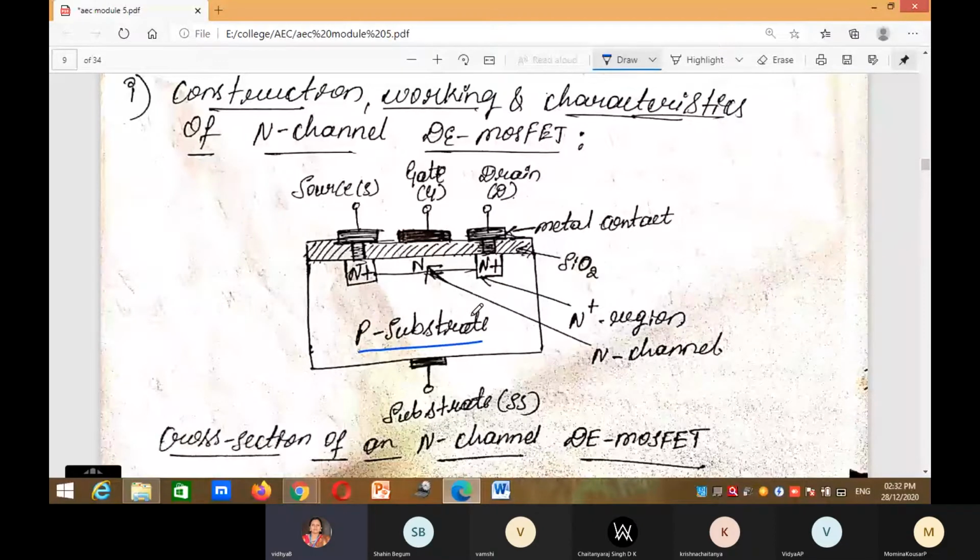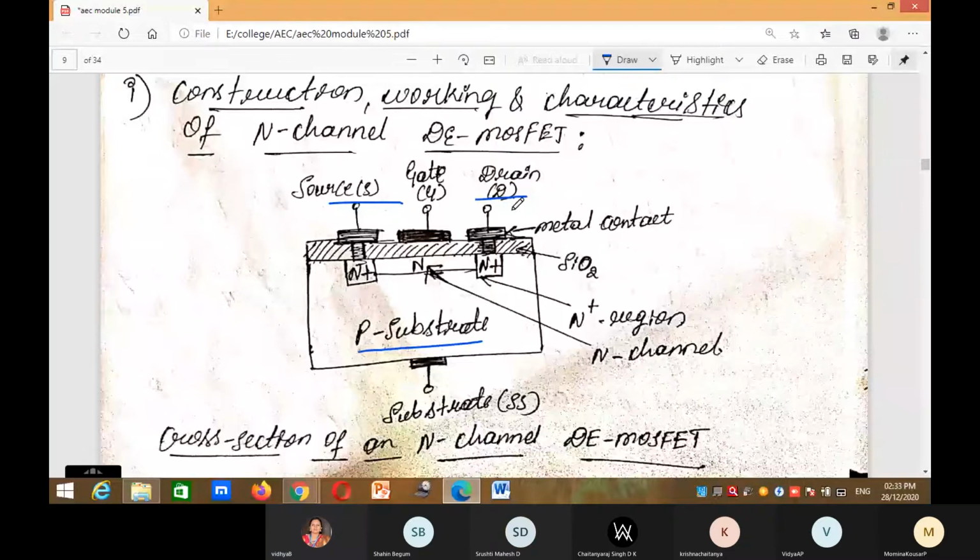These two highly doped N regions represent source and drain. In some cases, the substrate is internally connected to the source terminal.